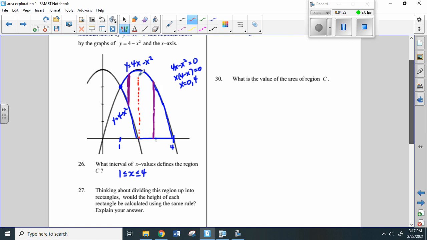So that's where I can break up my interval. I'm going to have to have one set of lengths that go from 1 to 2 and a different set of lengths that go from 2 to 4.